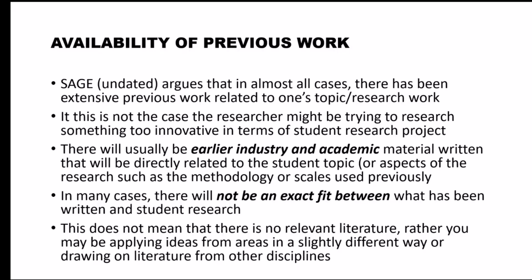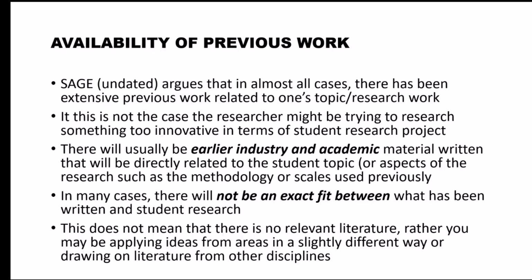So the argument is that most topics would have some reference available because some work might have been done on the topic. So it means that sources and literature would be available to support the study.